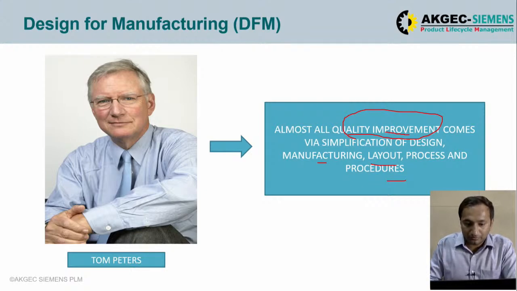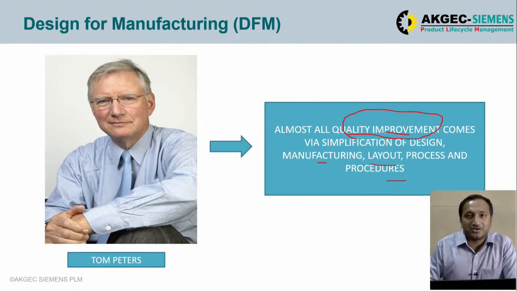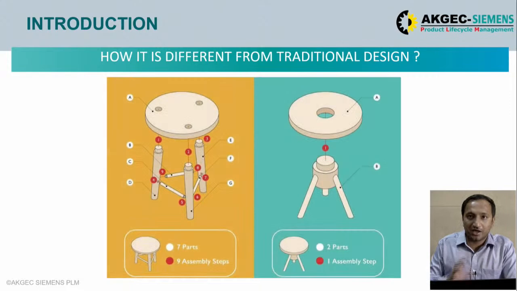So if we compare traditional design with design for manufacturing, the question must pop into your mind: how is design for manufacturing, or DFM as we call it, different from a traditional design? Let me ask you a question, and those who are seeing it in the live session, just think about it for a moment.